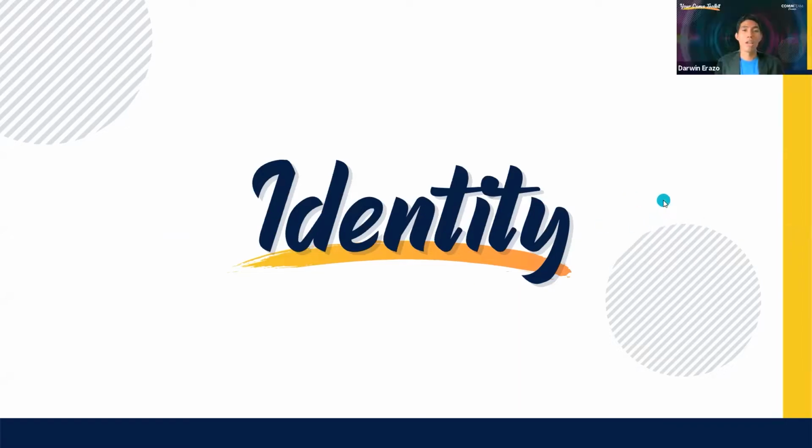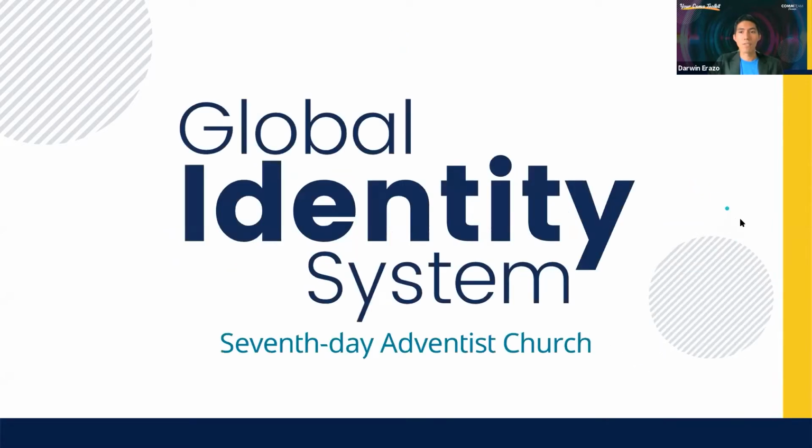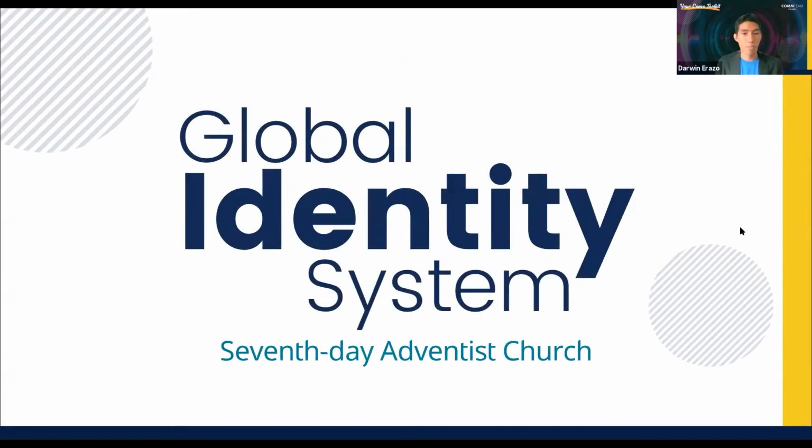First of all, and I would like to emphasize this, the identity of our church. We have something called the global identity system, and it's very important for you to know what the global identity system is that our church has in all the parts of the world.